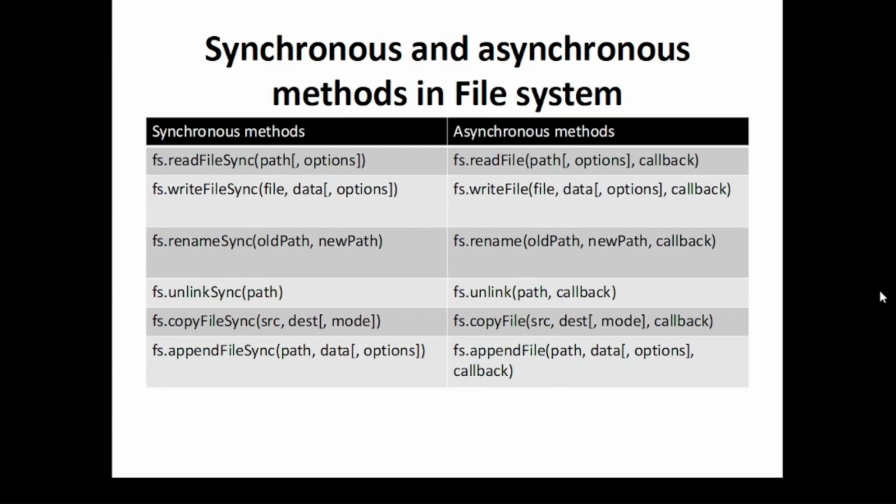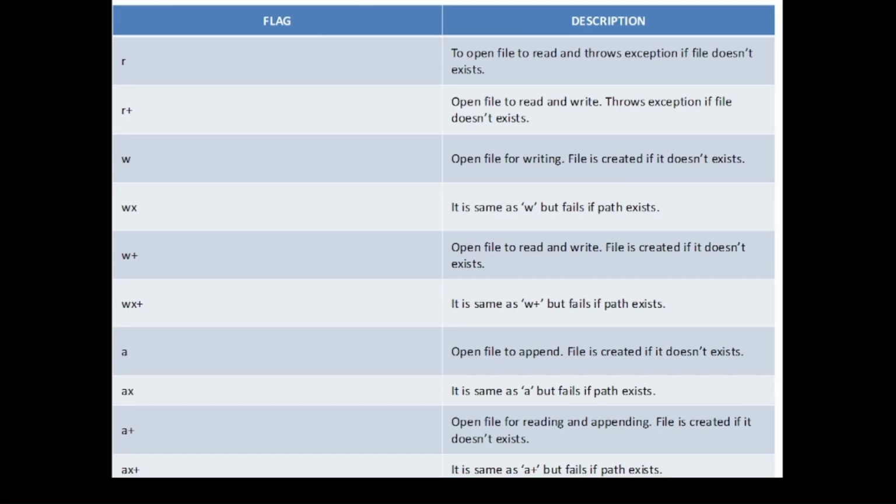Now let's talk about the optional parameters. Well, many a times they are not required, but sometimes you want to specify the flags. Encoding we have already used, but if you want to specify flags, you can use these flags like R, R plus, W, WX. Their meanings are specified here.